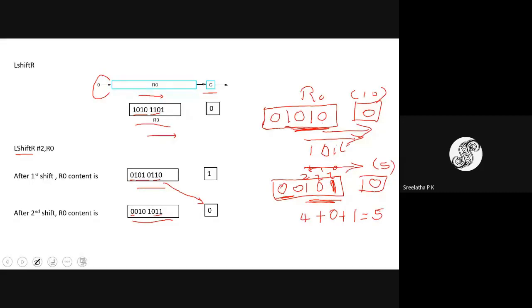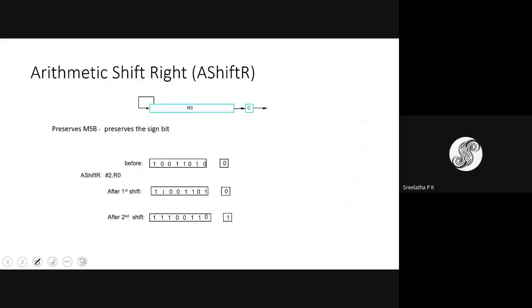Okay, so one more shift operation, that is arithmetic shift right. Suppose the register has a particular value. I have told that for any integer value, if the MSB is 1, it means it is a negative number. That is, the MSB indicates the sign bit of the operand value.